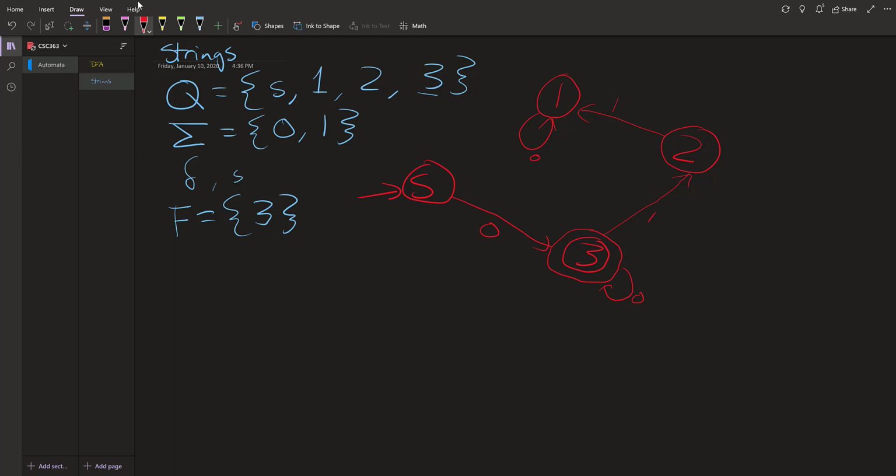We stay at the same state. Okay, so for 1, let's say it stays there indefinitely. So this is sort of a rejecting state here. This is also sort of a rejecting state, but it's still in transition.